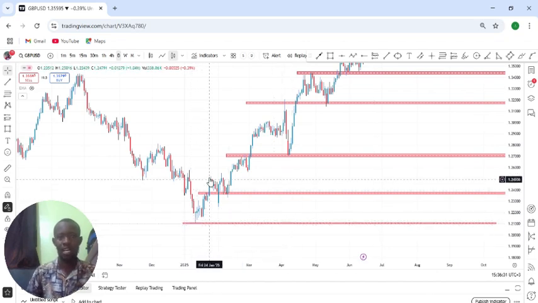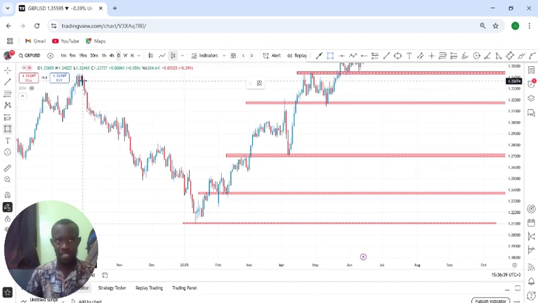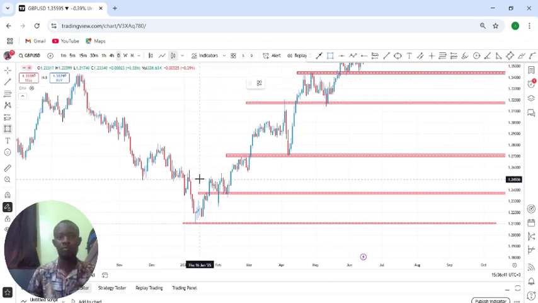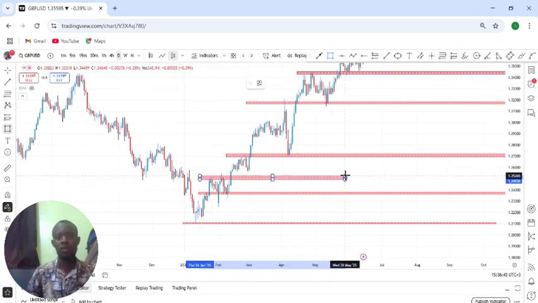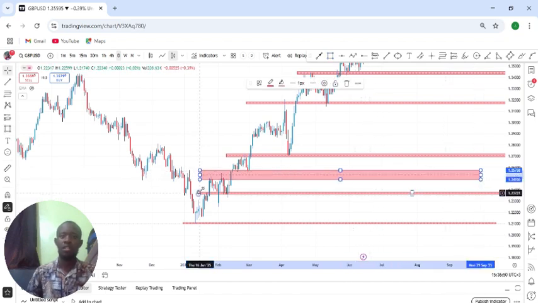It formed a high, higher low. And to prove that the market has changed from this downtrend you are seeing right here, it broke that zone. It broke this higher high right here.